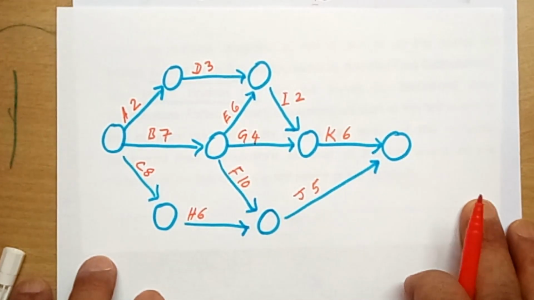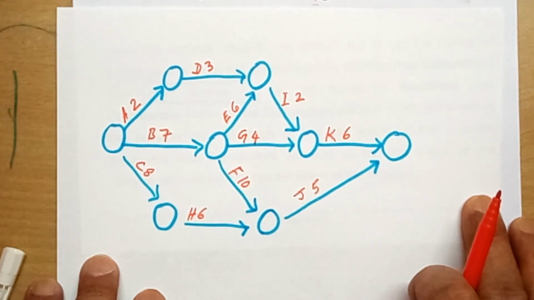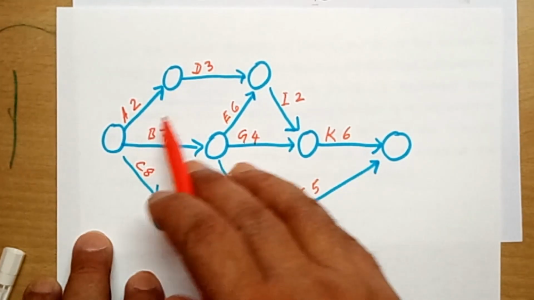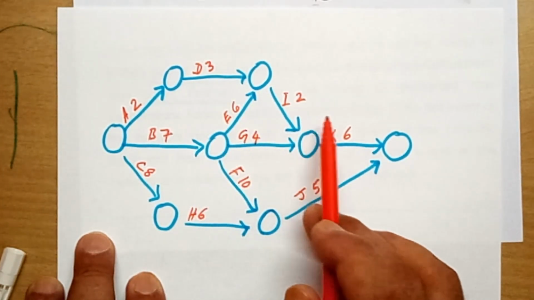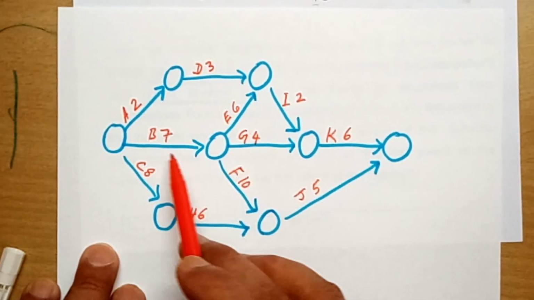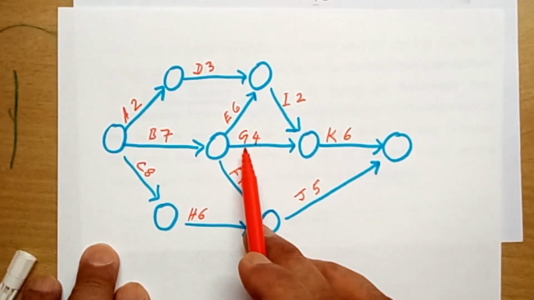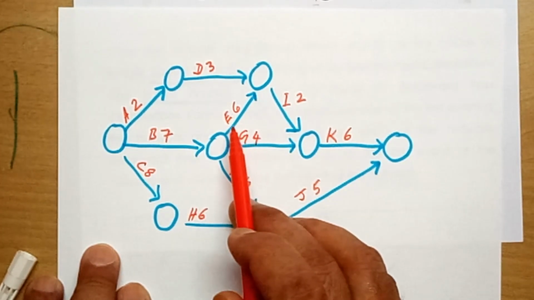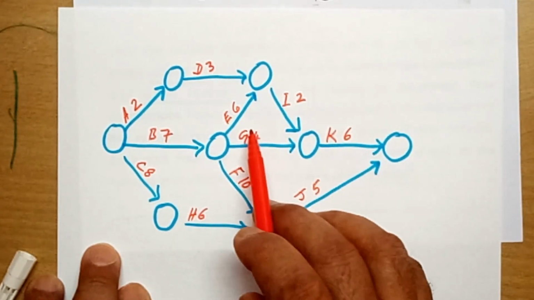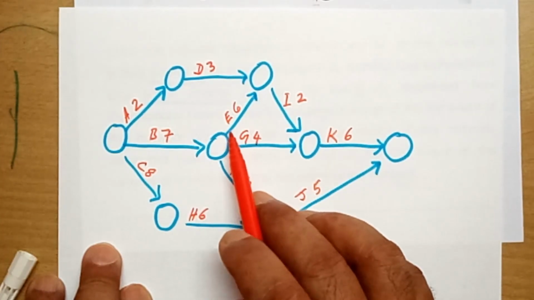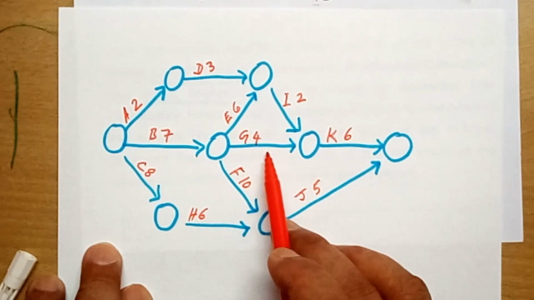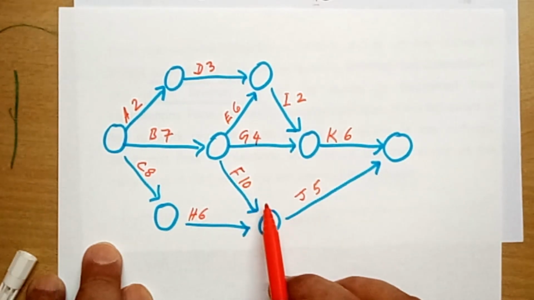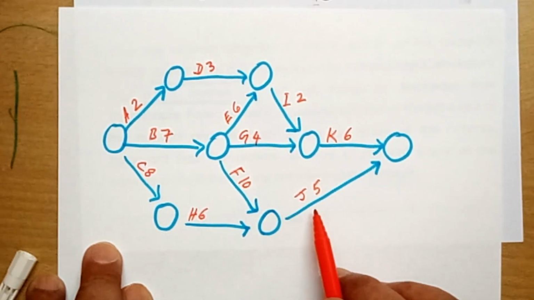So these are the activities and durations of the activities. A 2 days, D 3 days, I 2 days, K 6 days, B 7 days, E 6 days, G 4 days, F 10 days, H 6 days, J 5 days.